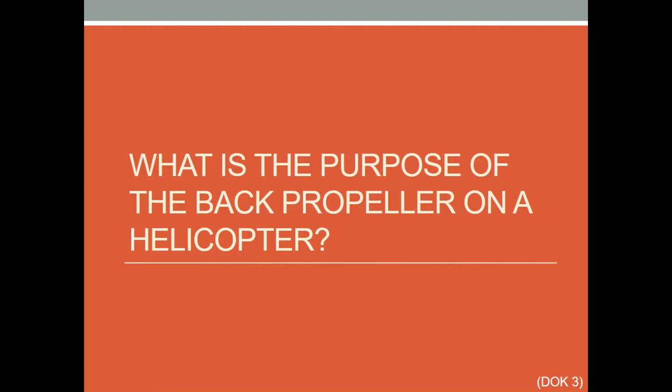Yeah. So if you just have the main propeller rotating, would the helicopter itself rotate in the opposite direction? Yeah. And so, if the blade of the main propeller is running clockwise, put the back propeller on the left side, so that it's pushing against it, right?